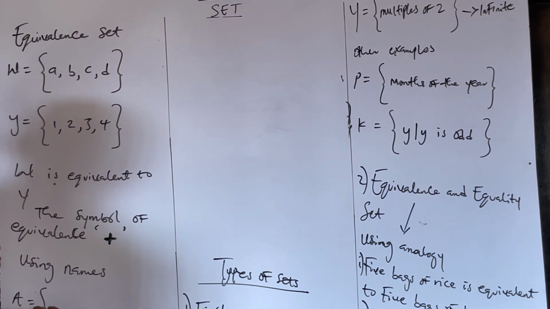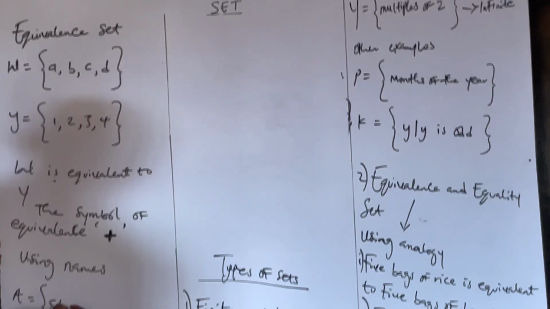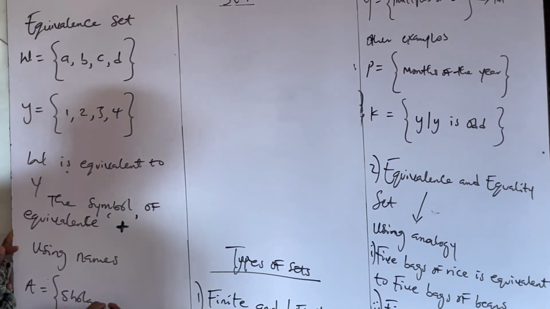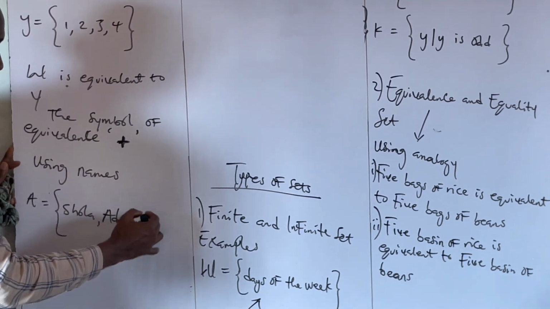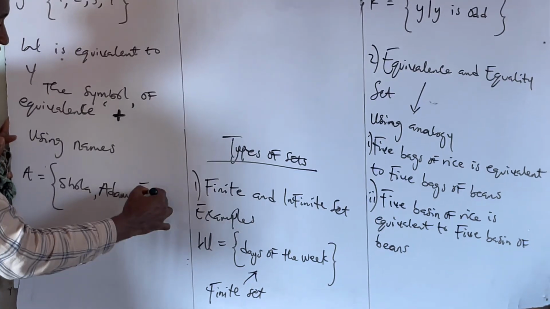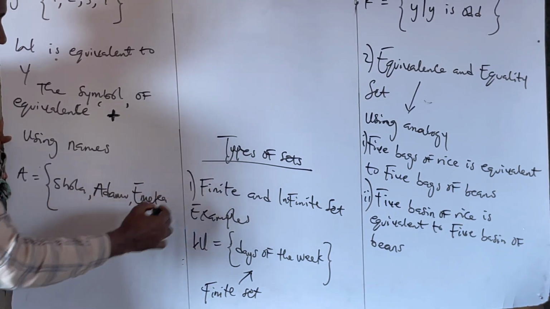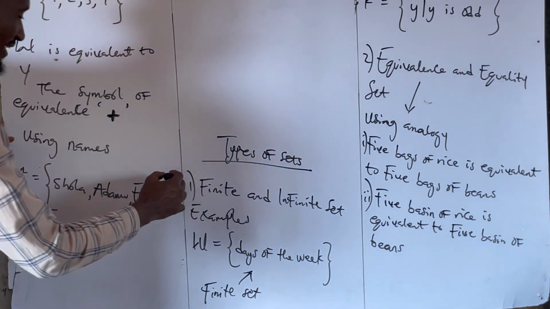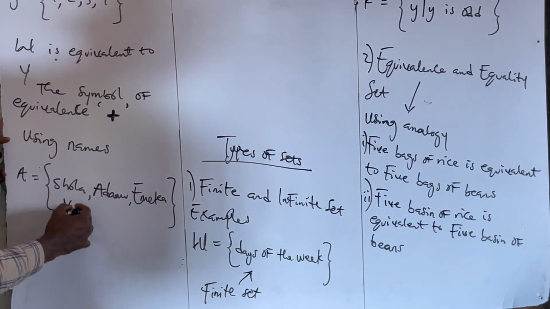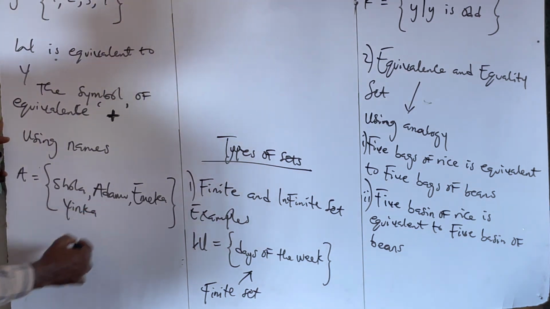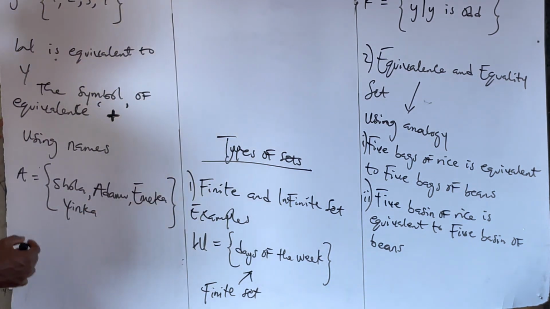Now, with this place contain this. We have Shola. Shola is a Yoruba name, right? Adamu is a Hausa name. Emeka is an Igbo name, my own name. Then Yinka. That is for A. Now B.